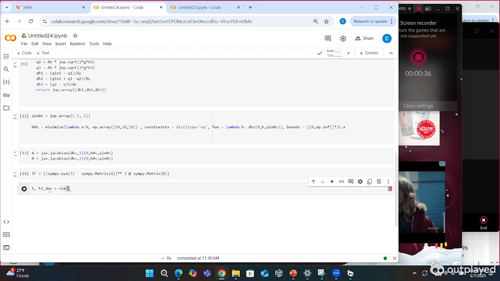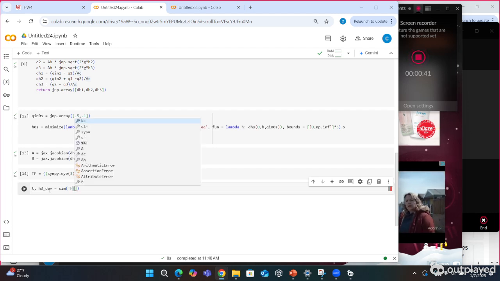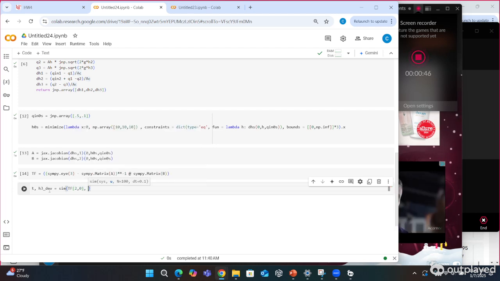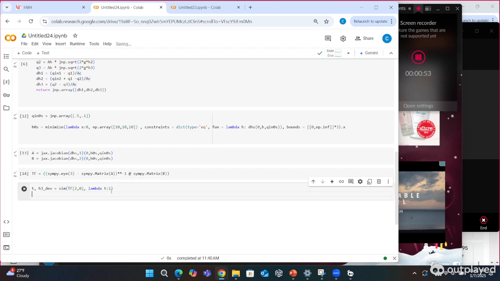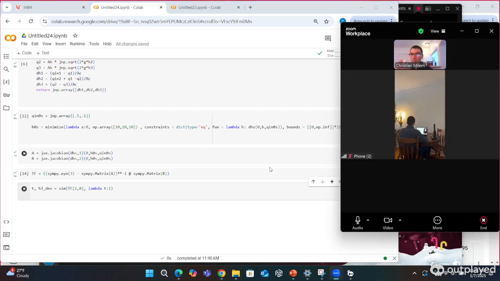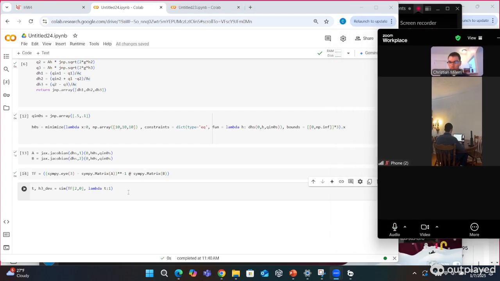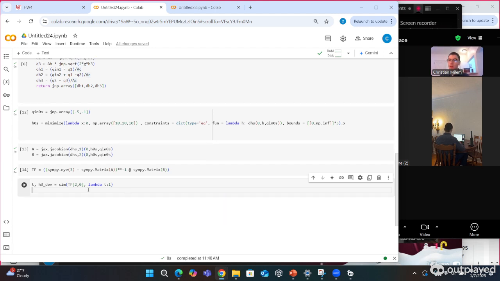So that's going to be our transfer function: first column at our third row, our step change, lambda t1. Then, oh, I forgot this. So over to, there we go. The T1.